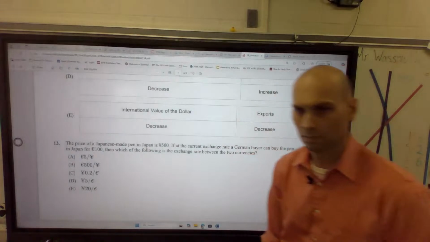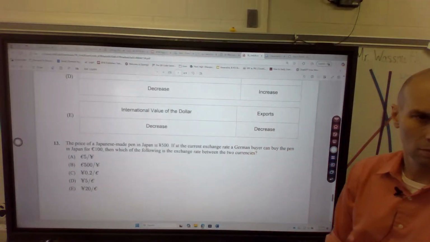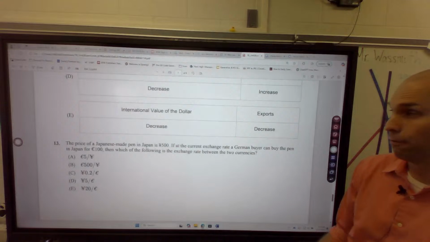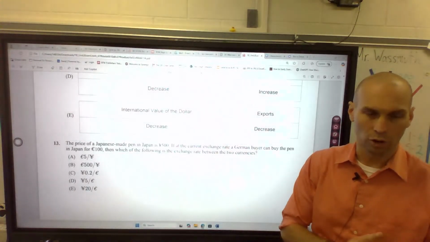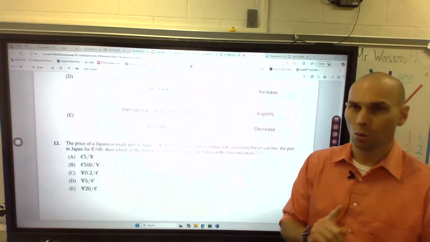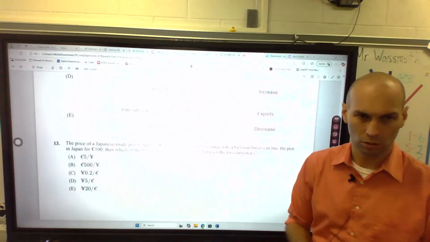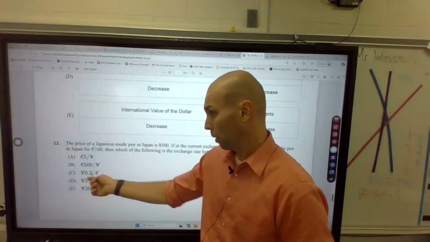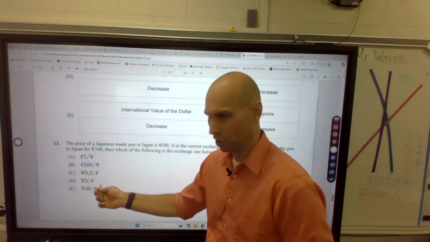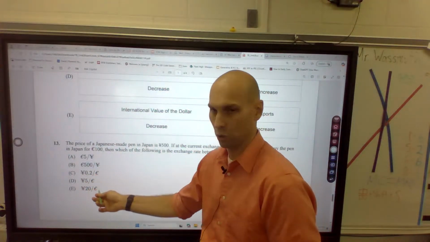So how do you know which currency you put on top, like if it's a fraction? It's 5 yen to 1 euro, or 1 yen buys you 0.2 euros. So look, you have euros and yen, flip. I saw 0.2 and thought it's 0.2 yen to a euro, but no, it should be 5 yen to a euro.